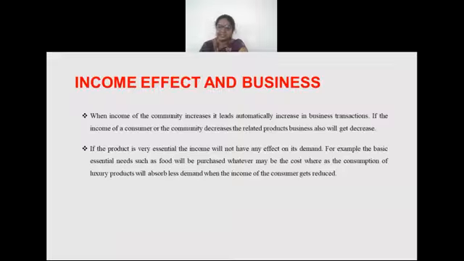Elasticity of demand means the demand will vary according to the price. But whatever may be the price, it is static. It won't move. It's inelastic. So for essential products, whatever the price may be, the consumer will buy.